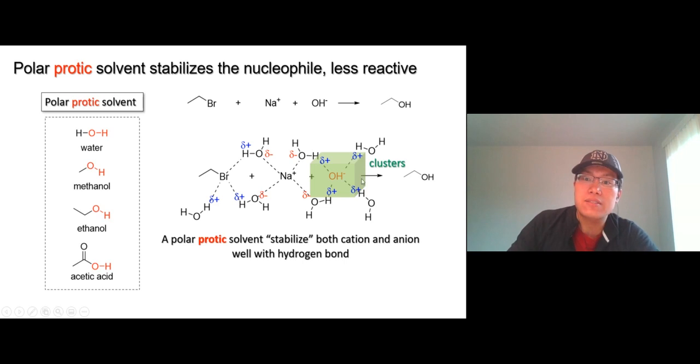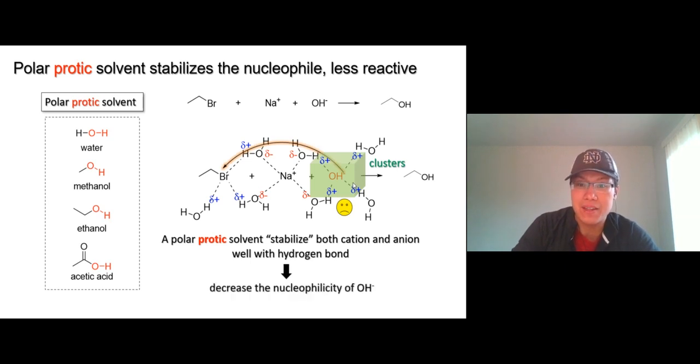So this is from the textbook: the solvent can form a cluster or solvent cage, whatever you want to call it. So basically, it reduces the nucleophilicity of the nucleophile. So the nucleophile is not as reactive, and the reaction goes more slowly. So it decreases the nucleophilicity of the hydroxide.